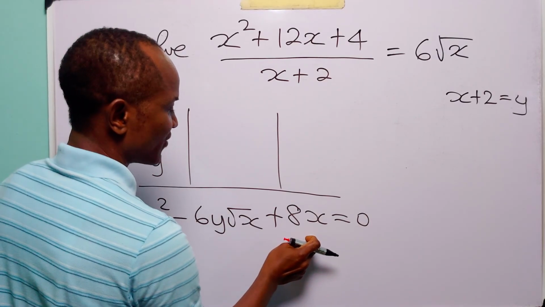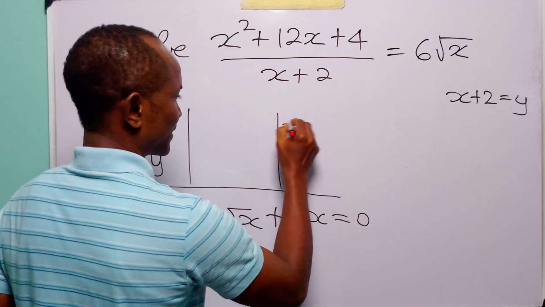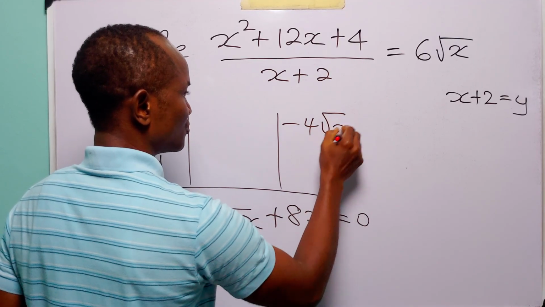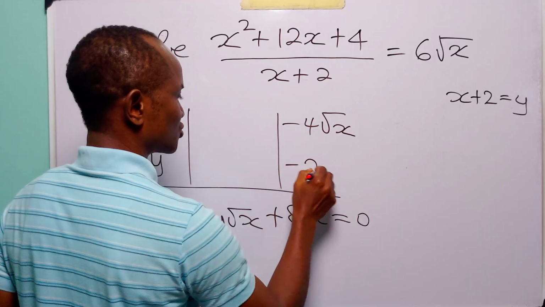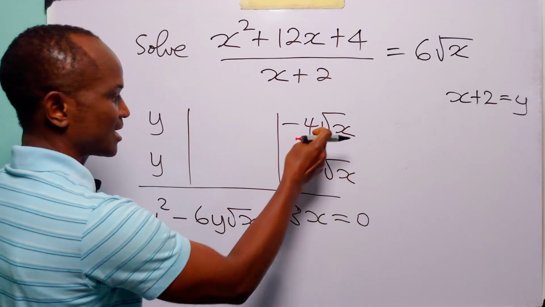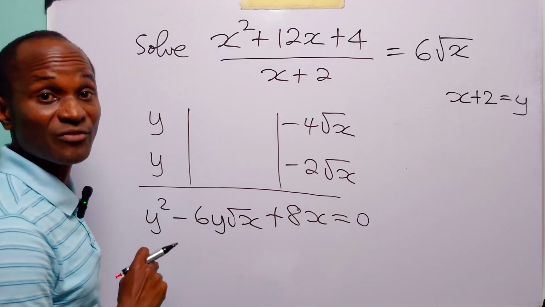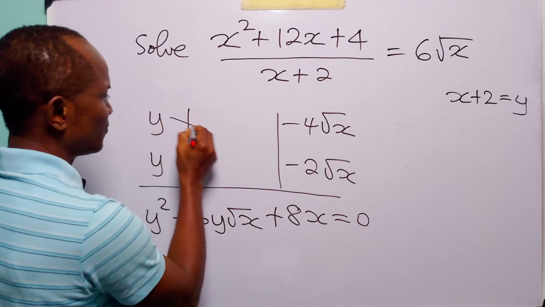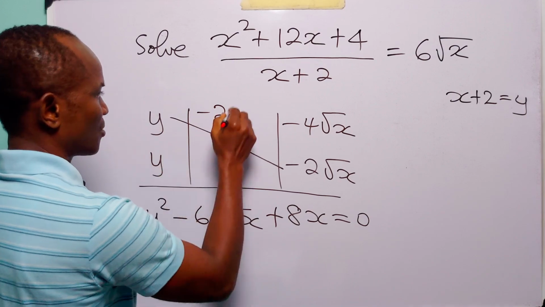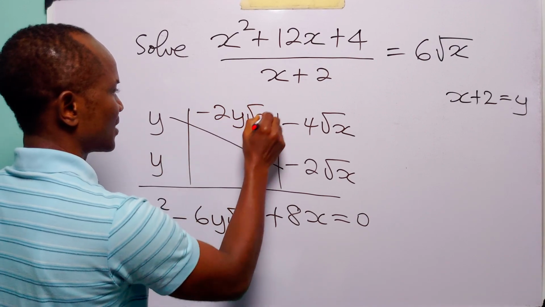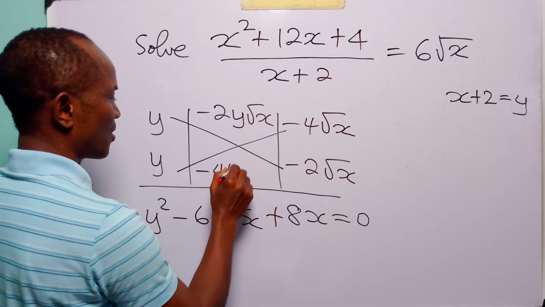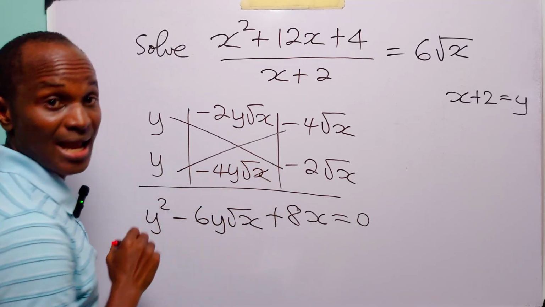And the factors of 8x are minus 4 root x and minus 2 root x, because of course you know that this multiplied by this is going to give us 8x. Now when we multiply this by this, we have minus 2y root x. And when we multiply this by this, we have minus 4y root x.